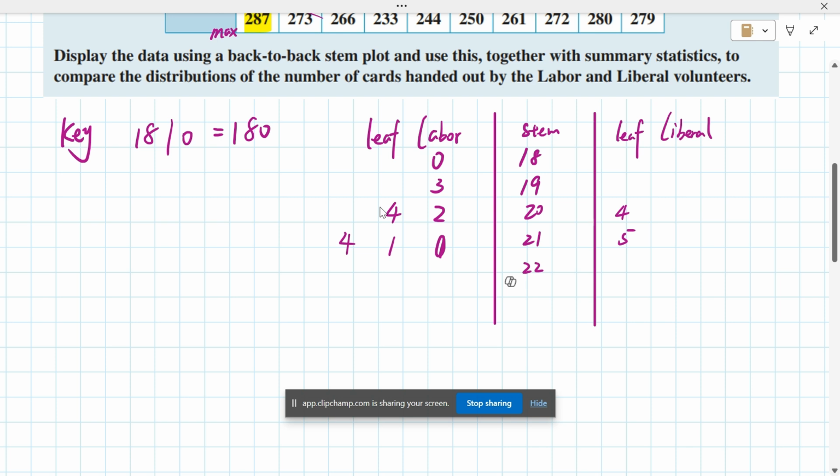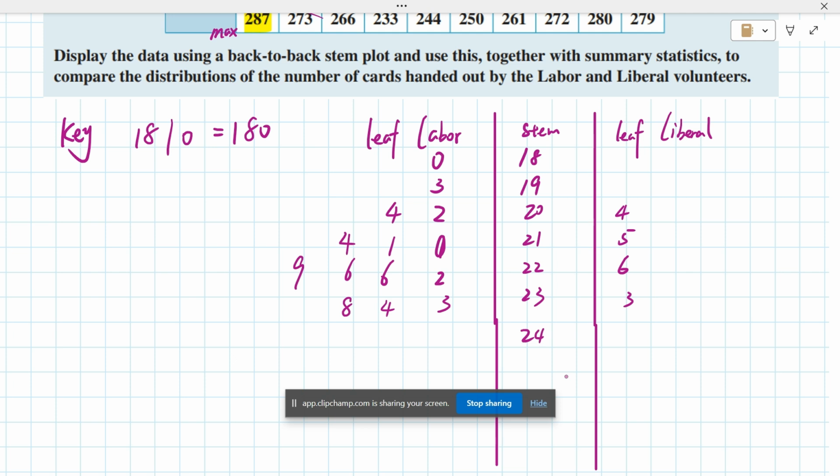So I've created the whole stem plot, and you can have a look at it and double check that it's the same as what we see, guys, and hopefully I didn't make any mistake.